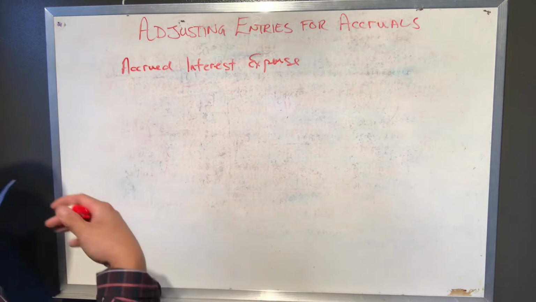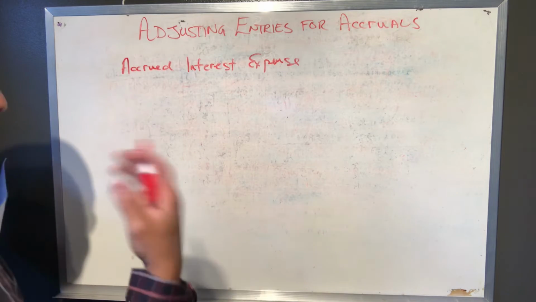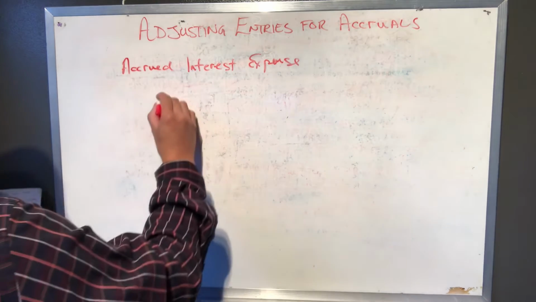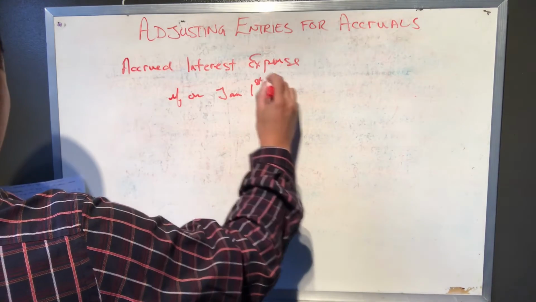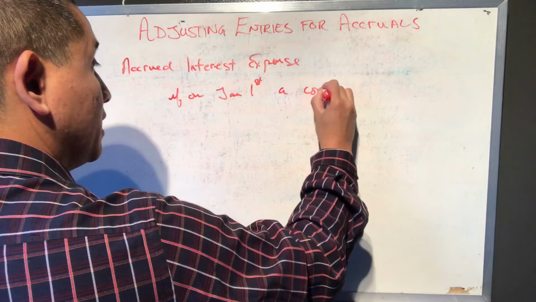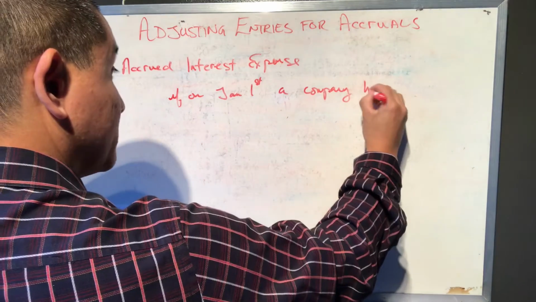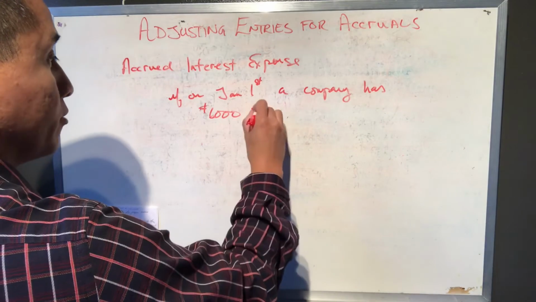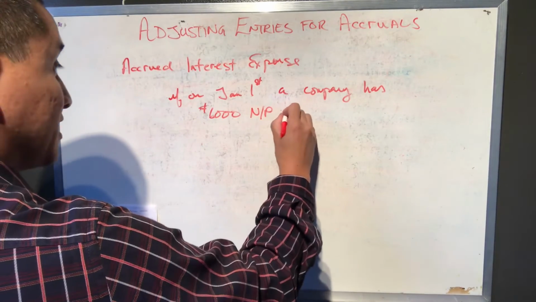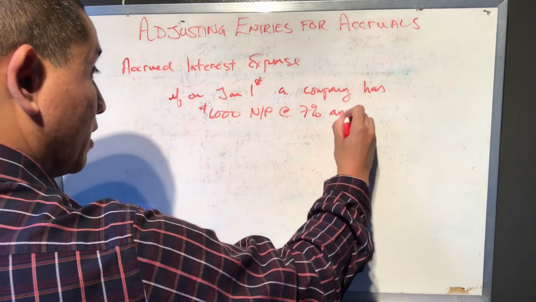There's always going to be some type of extra incentive for allowing them to do that, and that's called interest. So let's say on January 1st, a company, it doesn't matter who, let's say ABC company, has a $6,000 notes payable at 7% annual interest.